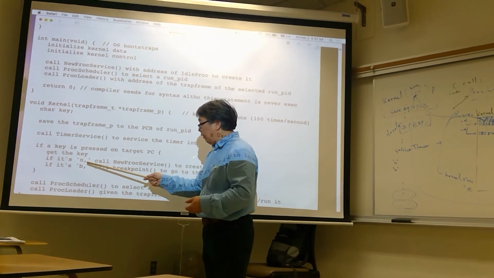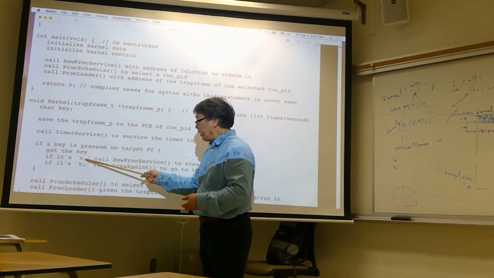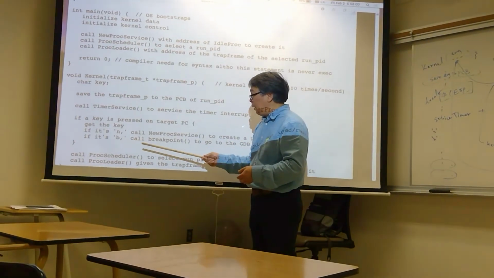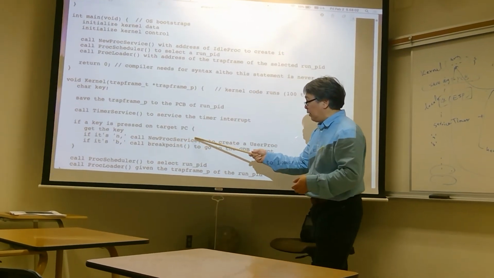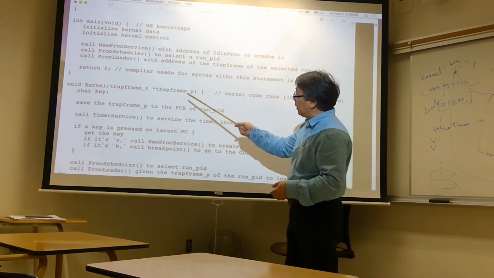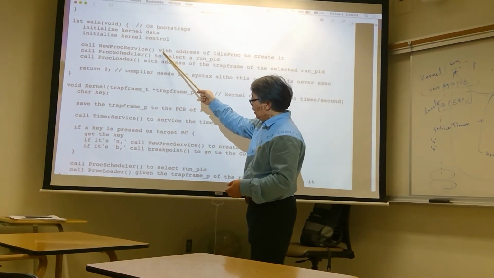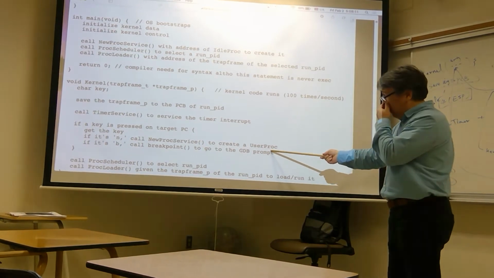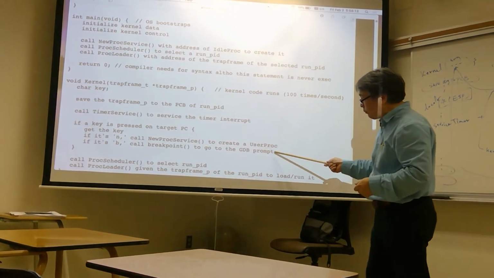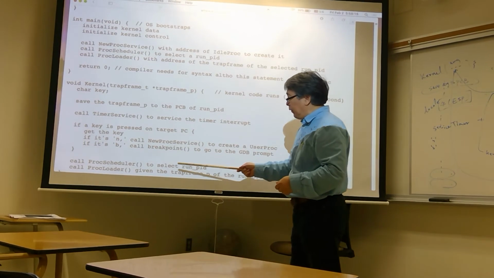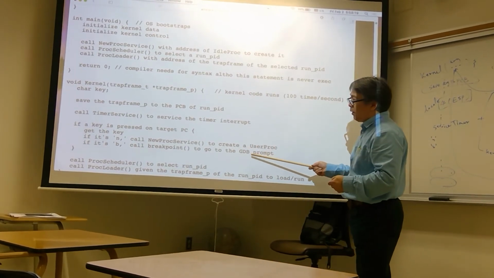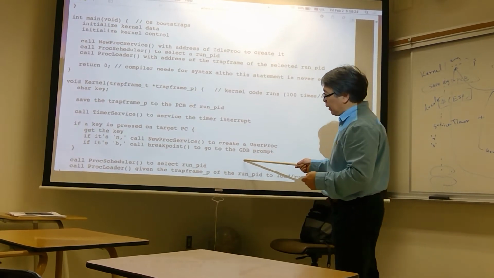If it's true, we call console get char to see if the key pushed is the N key or the B key. If it's the N key, we call this new proc service, just like we did in the bootstrap, but this time we create a user proc instead of idle proc. And if it's the B key, call breakpoint, so we can go to the GDB prompt to quit or do debugging from there.